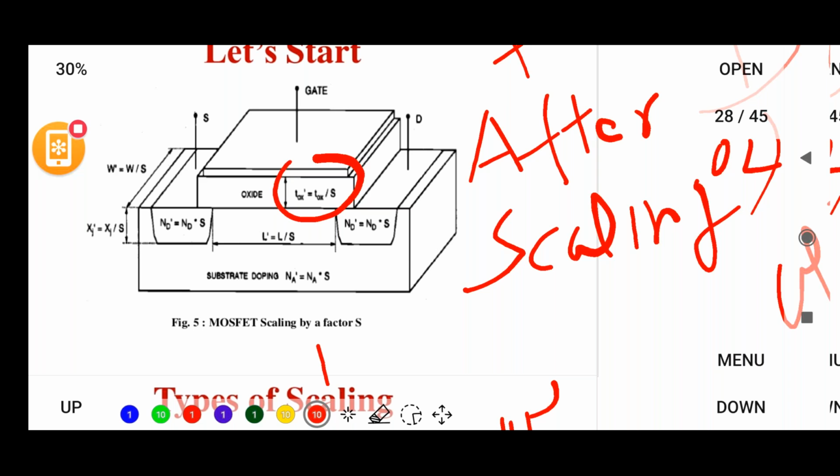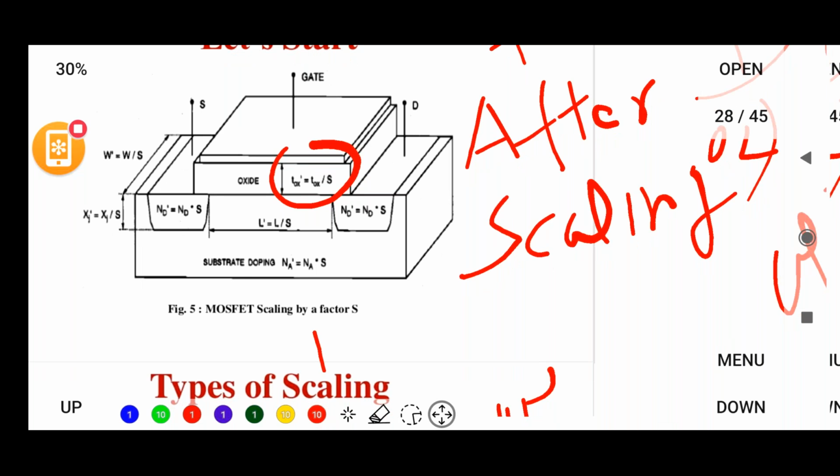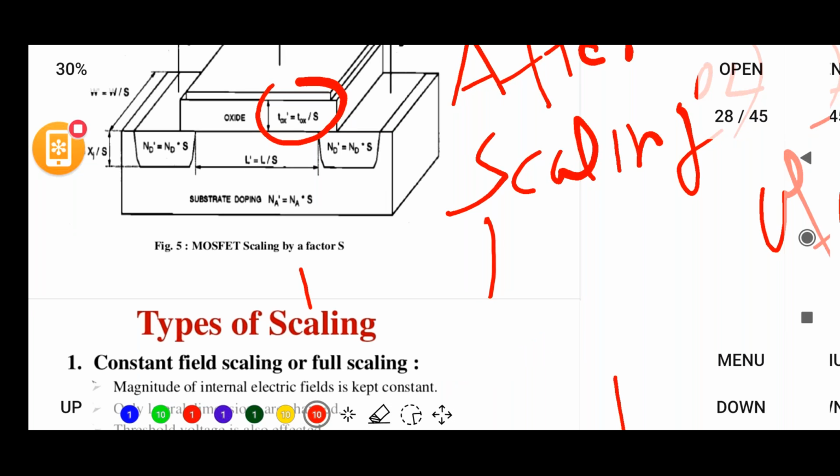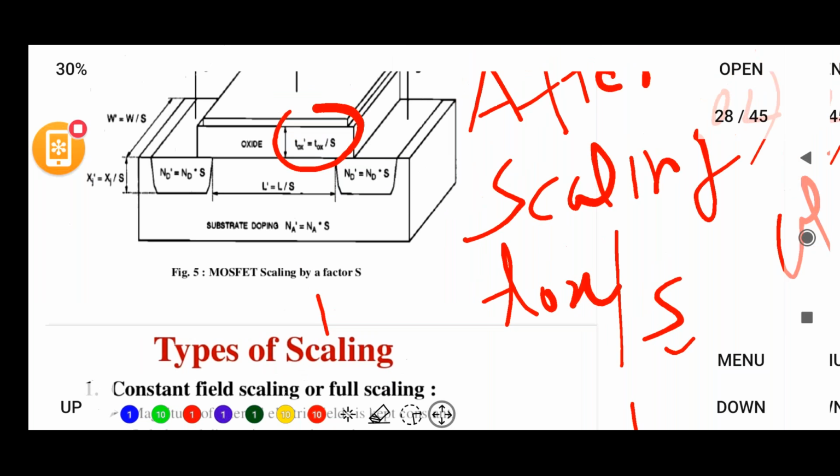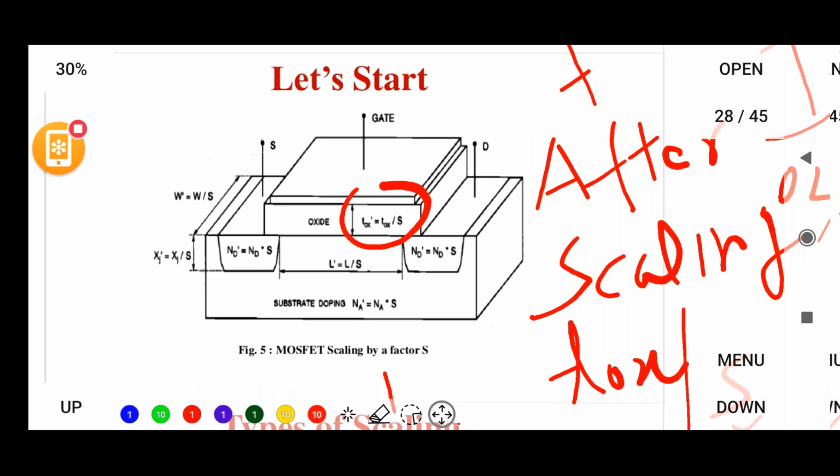So your oxide thickness is reduced by S. You have to observe here your TOX value is TOX divided by S. Similarly, the channel length is also reduced by a factor S. L by S, the new channel length is L by S.